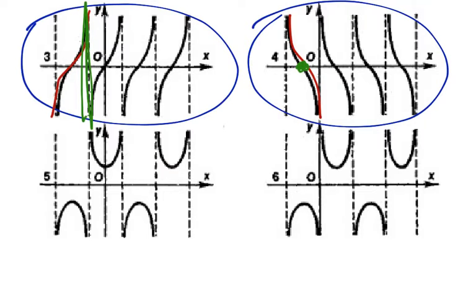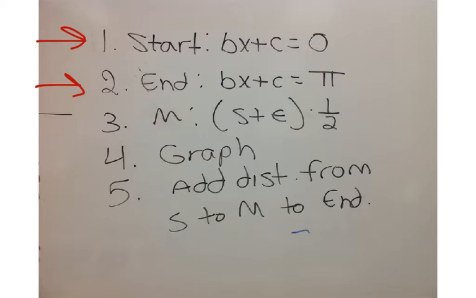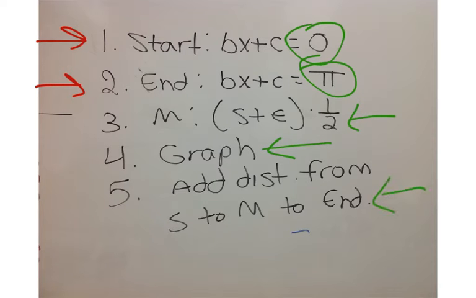Okay. And wherever I had a root is now a vertical asymptote. Okay? So everything changes, everything flips over, which makes sense that our start and our end point, because we want those to always be our vertical asymptotes, would change as well. But everything else is exactly the same. You still find your start, your end, then your middle, and then you graph it, and then you look for the pattern to find your next 2 points.